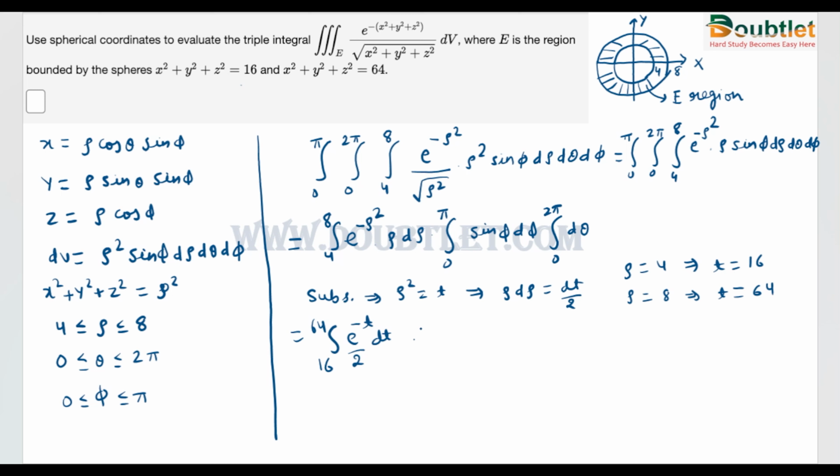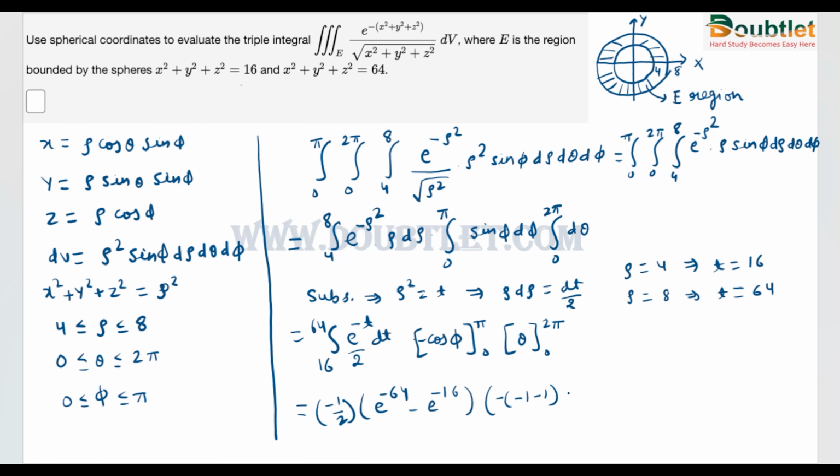The phi integral becomes minus cos phi with limits from 0 to pi, and the theta integral becomes theta with limits from 0 to 2 pi. So this becomes minus 1 by 2 times e to the power minus 64 minus e to the power minus 16, times minus of minus 1, times 2 pi.